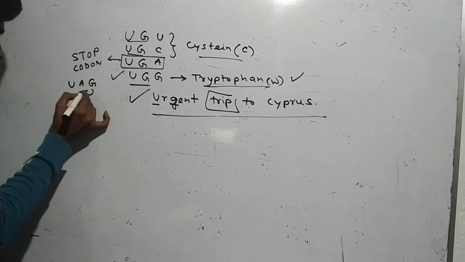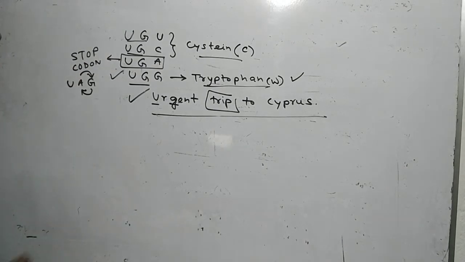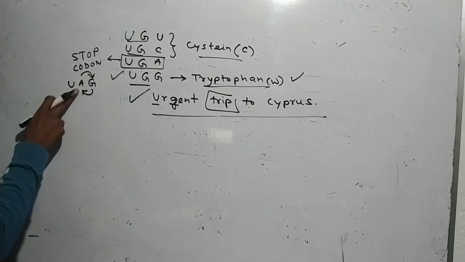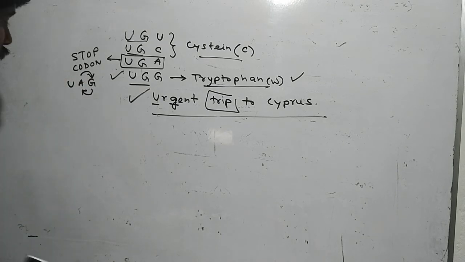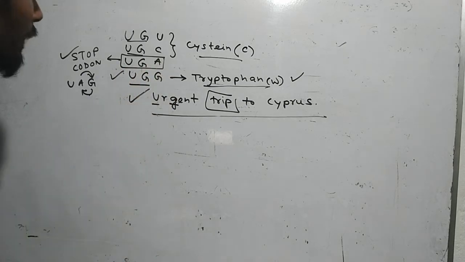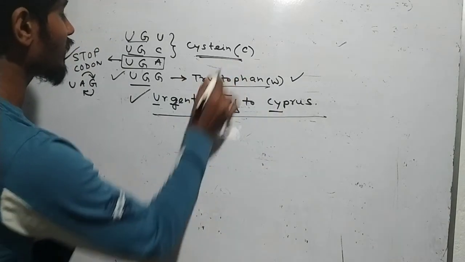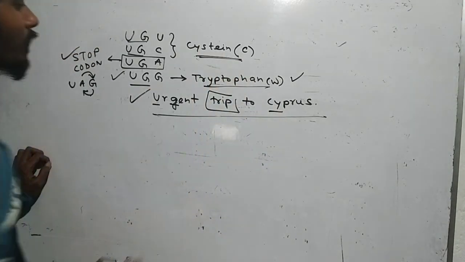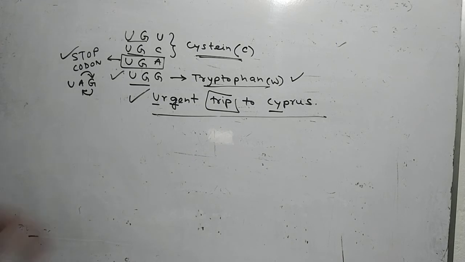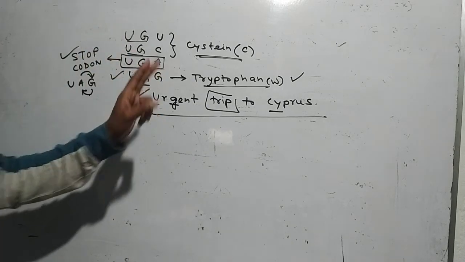You just replace G in the place of A and A in the place of G, and it will be another stop codon, UGA. Okay, now we will be talking about the Cyprus. This Cyprus is actually the cysteine, and it is very, very easy because two codons will encode them.